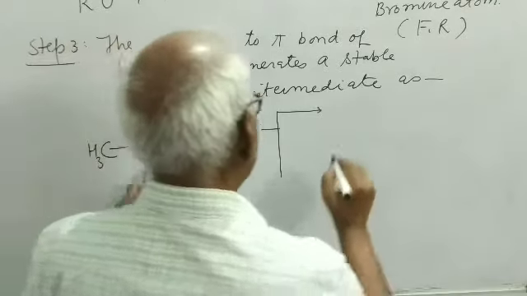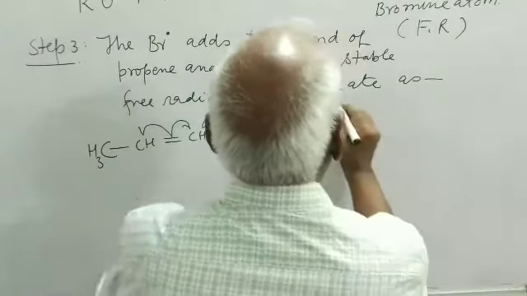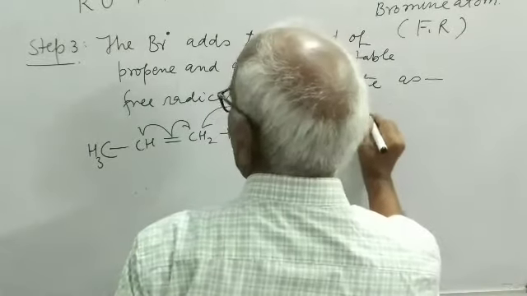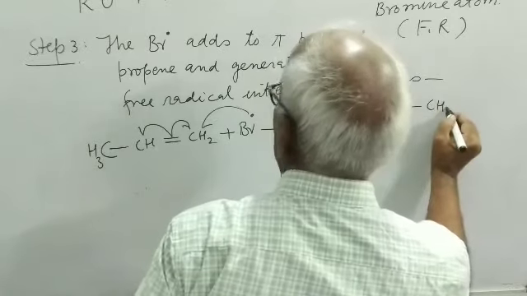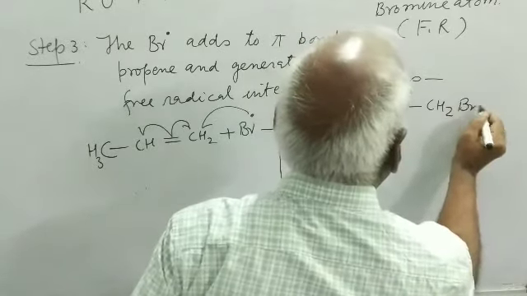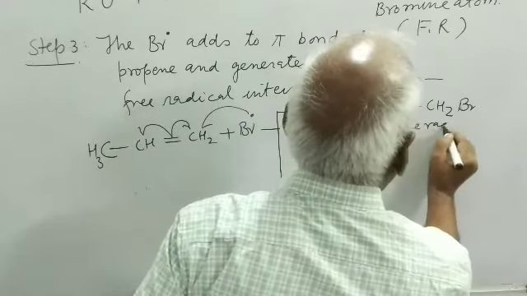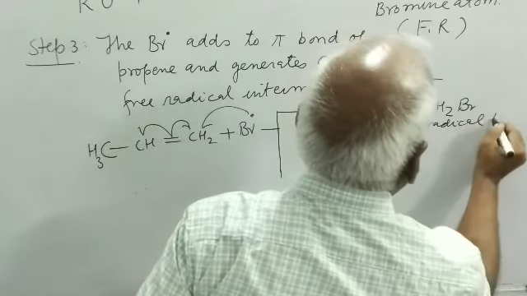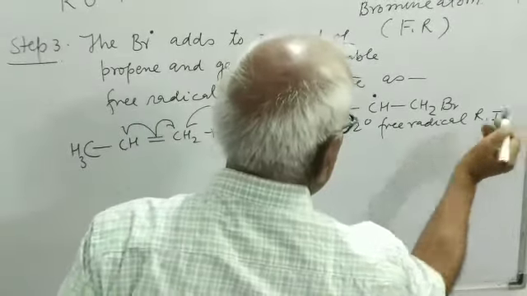So what will happen? CH3 CH CH2Br, a 2 degree free radical reaction intermediate.